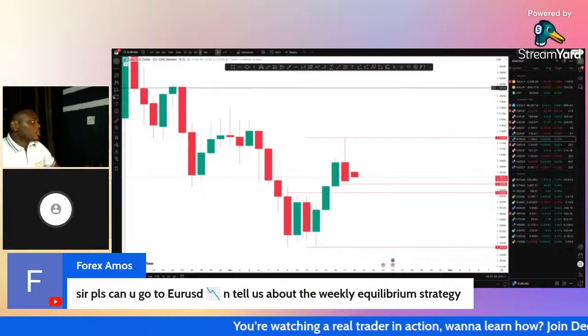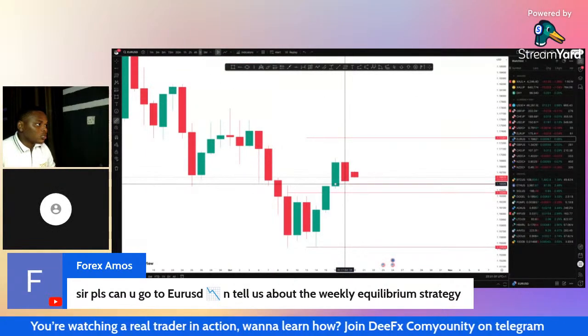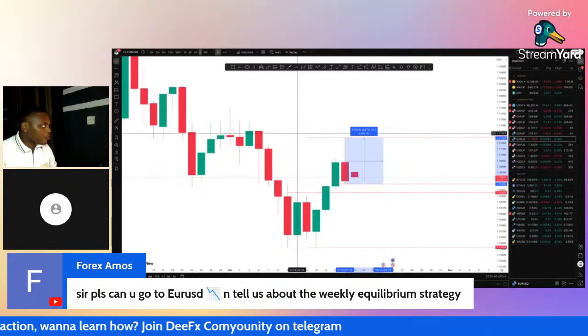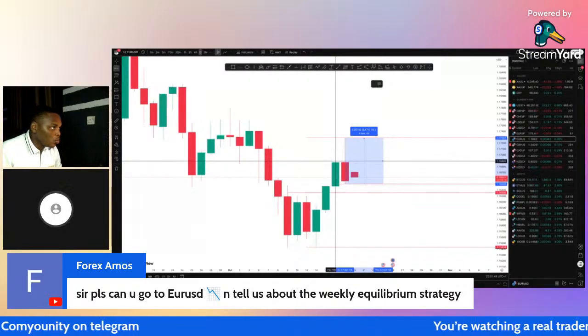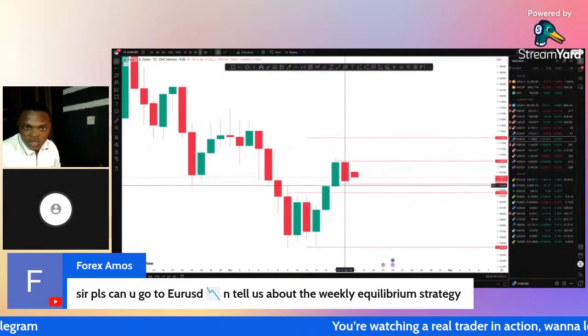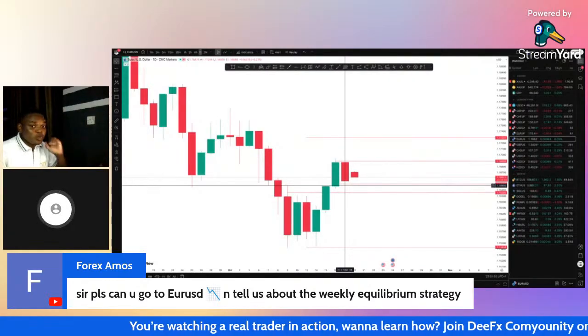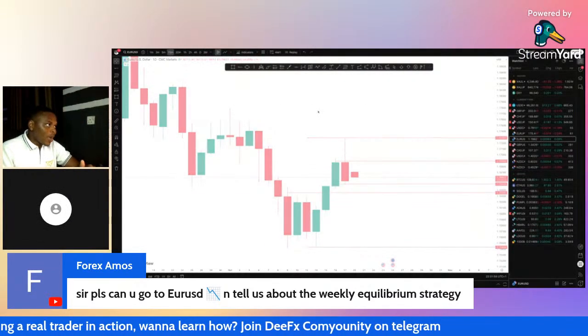With that, we can take the measure tool and measure from the low up to the high to get our equilibrium of the previous day. Then we can see that price is currently trading below the equilibrium, but it is above the previous day low, which potentially could give us an opportunity for a buy.